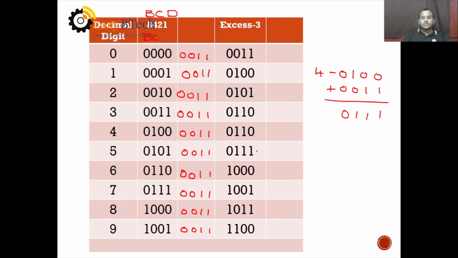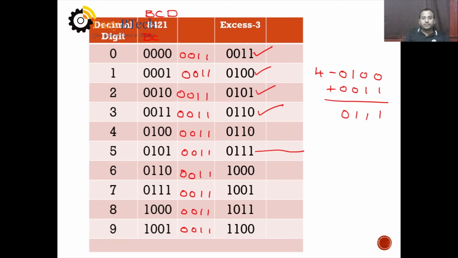There was a mistake. 7. This is right. 0, 1, 1. This is right. 1, 0, 1, 0, 0. This is also right. So next 2. 2 plus 3, this is also right. 5. And 3 plus 3, so 4. So this is also correct.